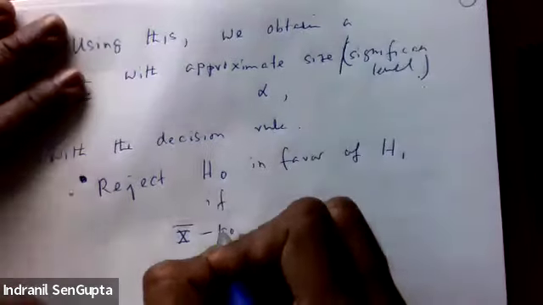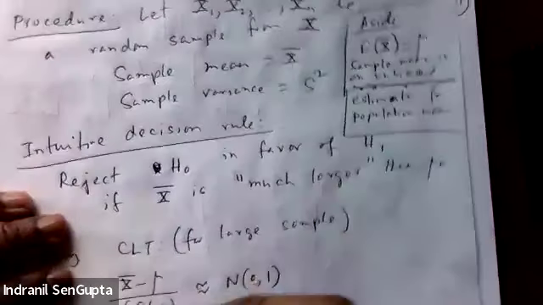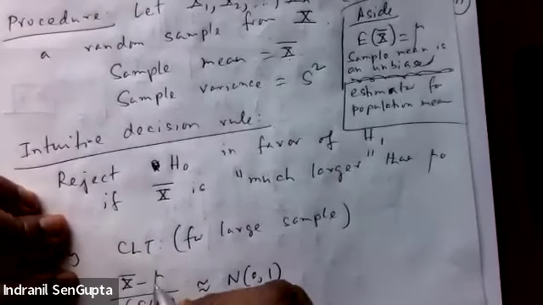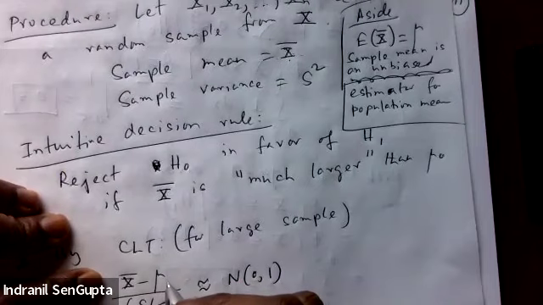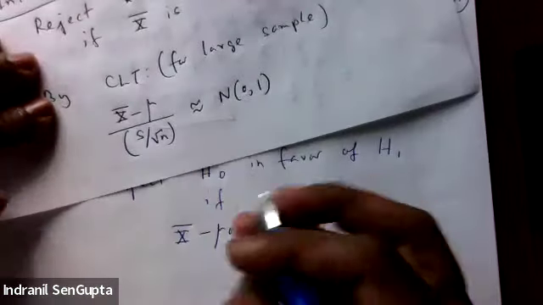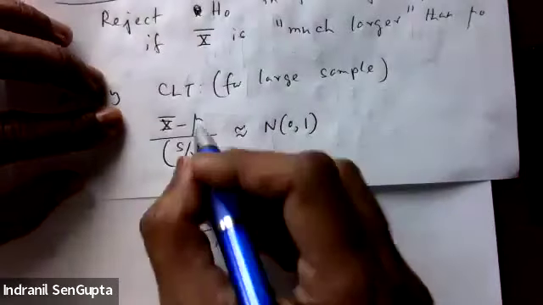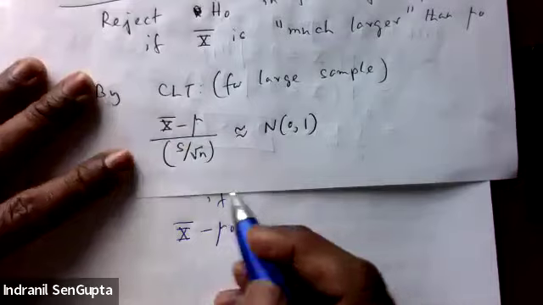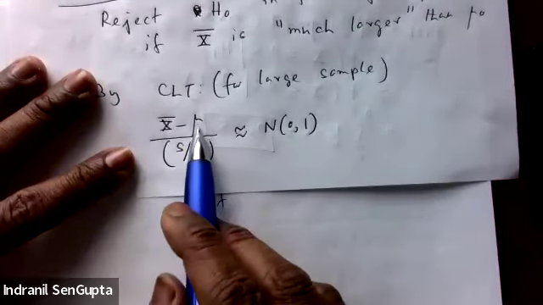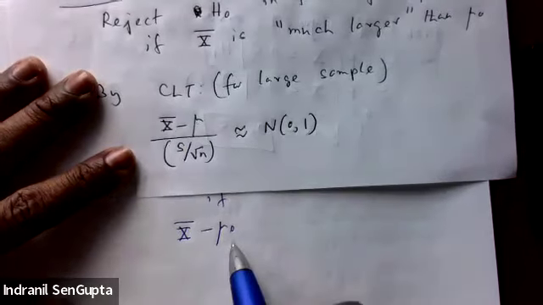zero. Sorry, by the way, here this has to be mu. Basically, this mu is the population mean, and under the null hypothesis this mu is mu zero.